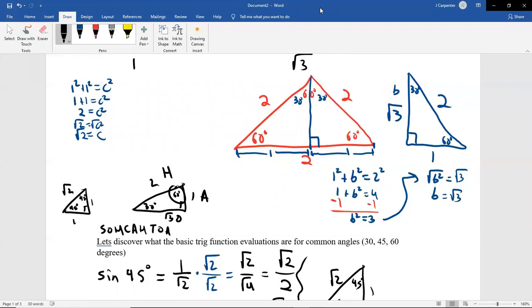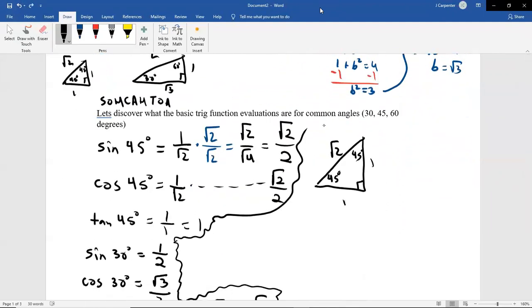So me personally, I know a lot of students mess up when they reference this way. So I'm going to redraw it with 60 degrees being that kind of anchor angle. So that's the wider one. Let's make it look something like that. So this will be our 60 degrees, which makes this the 30 degrees. There's our right angle. 30 degrees is supposed to be opposite the smallest number, which is 1. 60 degrees gets the square root of 3. 2 is opposite 90.